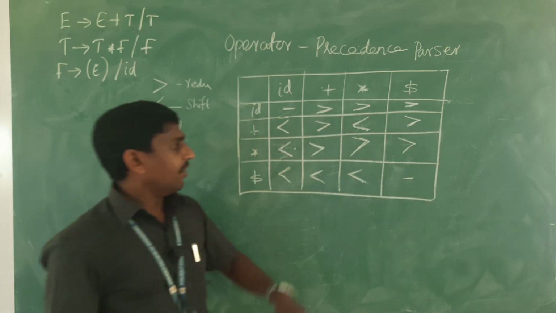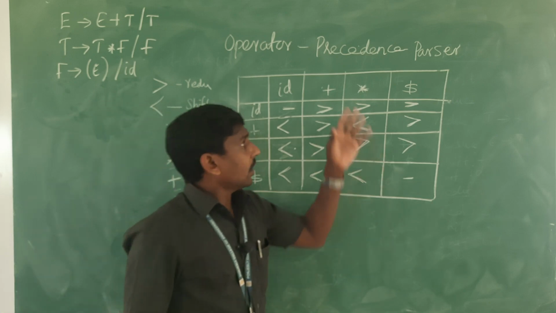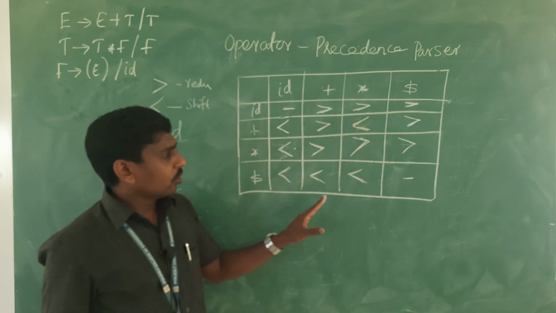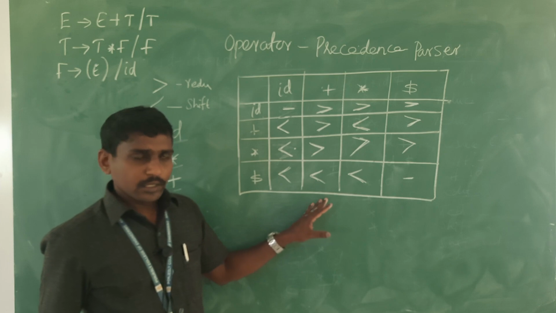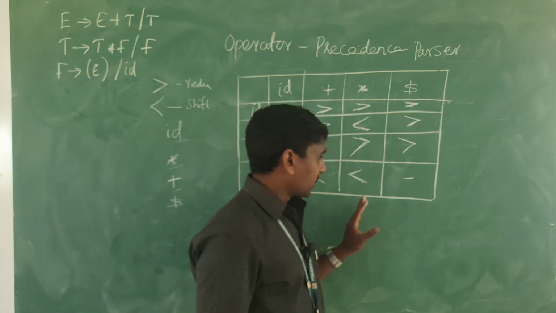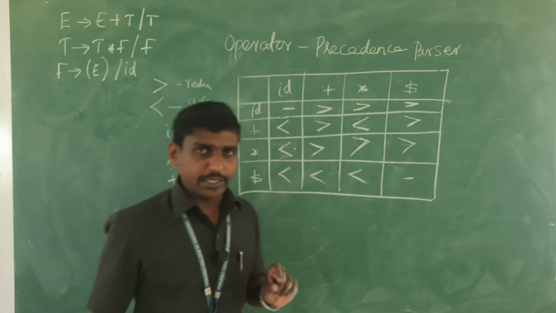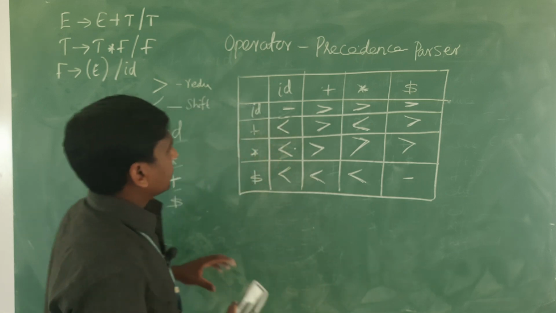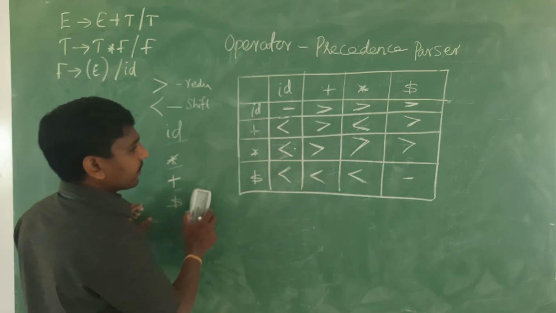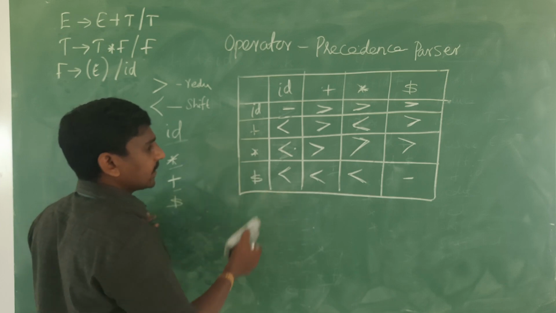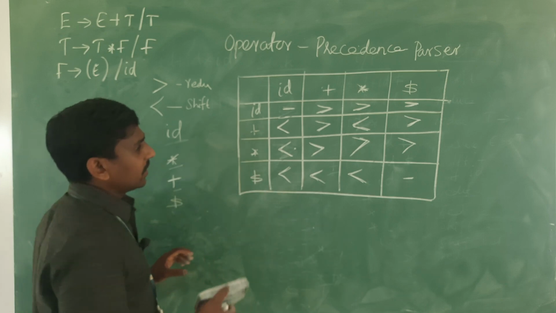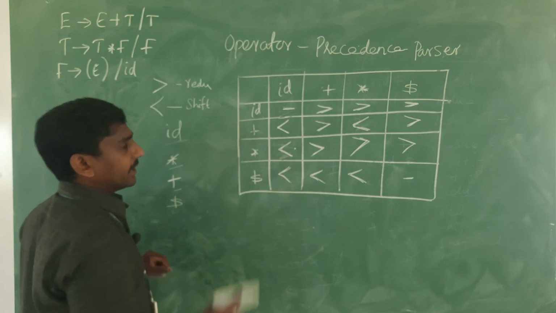So this is the way to construct the precedence table. Only if you know this precedence table can you do the operator precedence stack implementation. Just understand how to construct it, which one has the highest precedence.